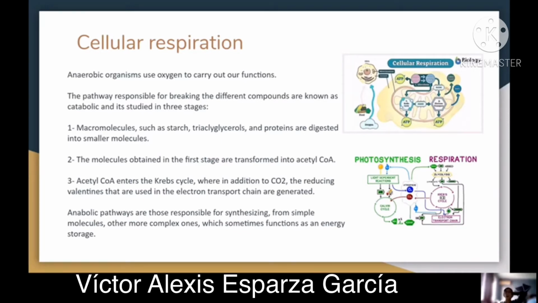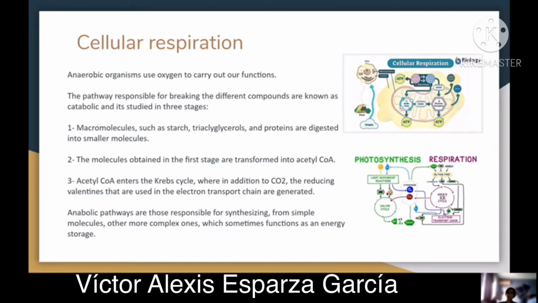And third, acetyl-CoA enters the Krebs cycle, where in addition to CO2, the reducing equivalents that are used in electron transport are generated. Anabolic pathways are those responsible for synthesizing more complex molecules from simple ones, which sometimes function as energy.